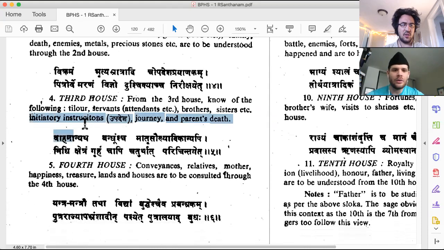Initiatory instructions is similar to what this Jewish astrologer Ibn Ezra gives in his book, which is knowledge of the Torah. He says knowledge of the Torah for the 3rd house. I think this is the idea of a 1-7 relationship with the 9th. The 3rd is the beginning of that initiatory. Yeah, definitely.